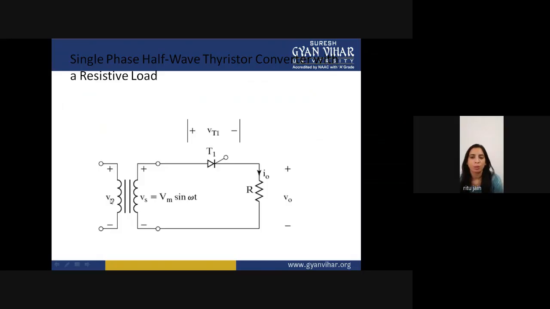One is the primary winding and the second is the secondary winding. In the primary winding, the voltage is VP, and in the secondary winding, the voltage is VS. The thyristor is connected to the secondary winding of the transformer, and there is one load connected through a resistance. So this is all about the single phase half wave thyristor controlled converter.